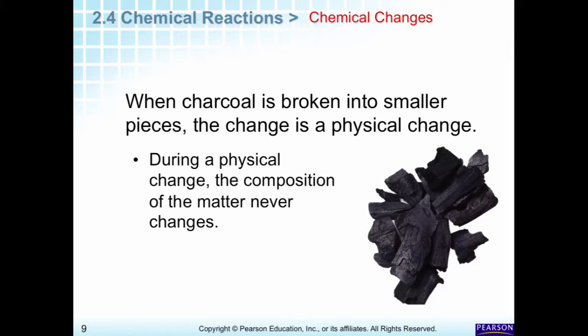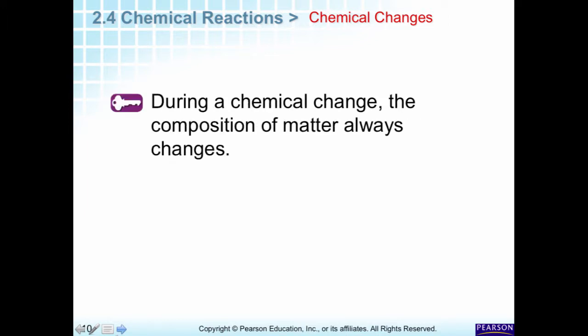So the key word here is in a physical change, the composition never changes. Physical changes, composition remains the same. So what do you think about chemical changes? Yeah, the composition changes in chemical changes.